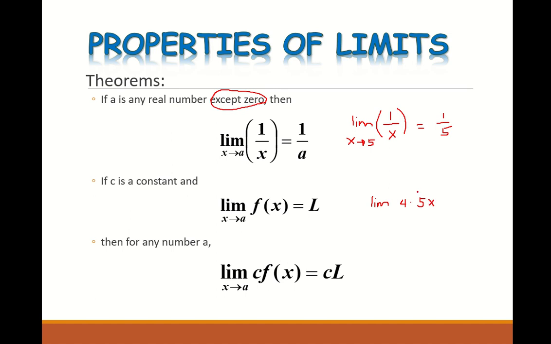So limit of 4 times 5x as x approaches 1. So this is equal to 4, which is the c in our formula, multiplied by 5 times x, where x is equal to 1.